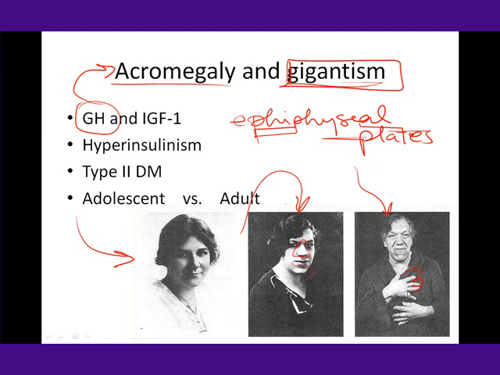Now, up here I have growth hormone and IGF-1. Just so you know, IGF-1 is short for insulin-like growth factor. I don't know why my pen is doing this. I apologize. Anyway, you've got insulin-like growth factor 1.